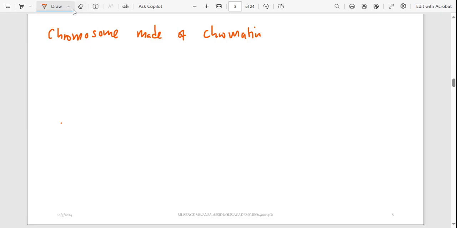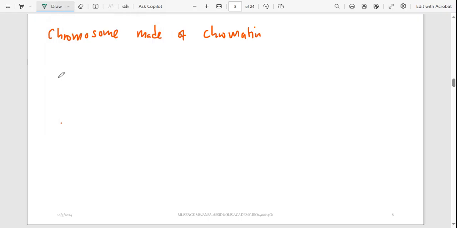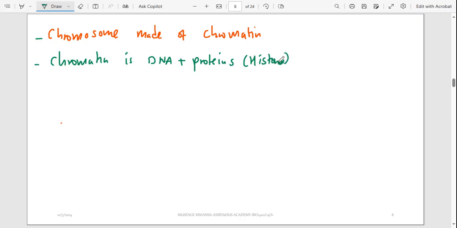Or what is chromatin? This chromatin is basically DNA plus histones. So chromatin is DNA plus proteins. And those proteins, we call them histones. Okay, so that is what we have to know.